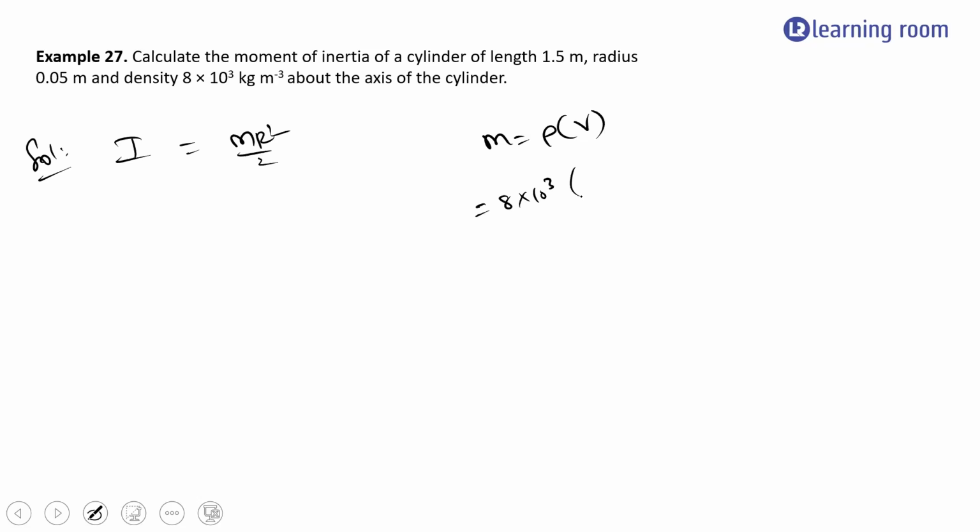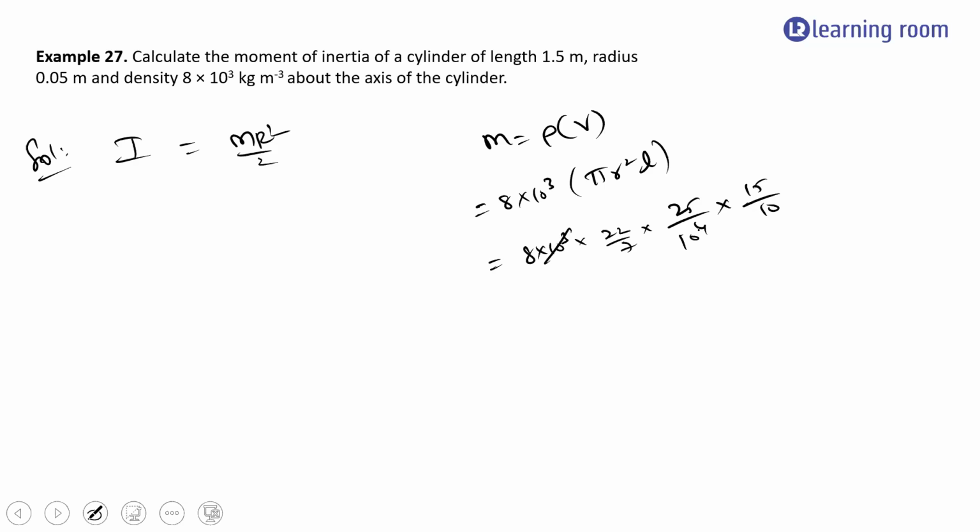The volume of a cylinder is pi R square h, or pi R square L. So 8 into 10 power 3 into 22 by 7 into R, which is 0.05, so I can write it as 5 by 100, that is 25 divided by 10 power 2, into length 15 by 10. As far as possible, eliminate the denominators and convert to fractions.